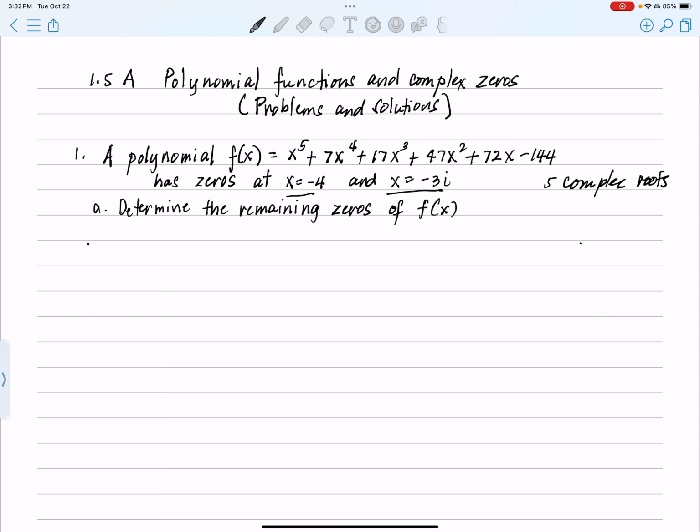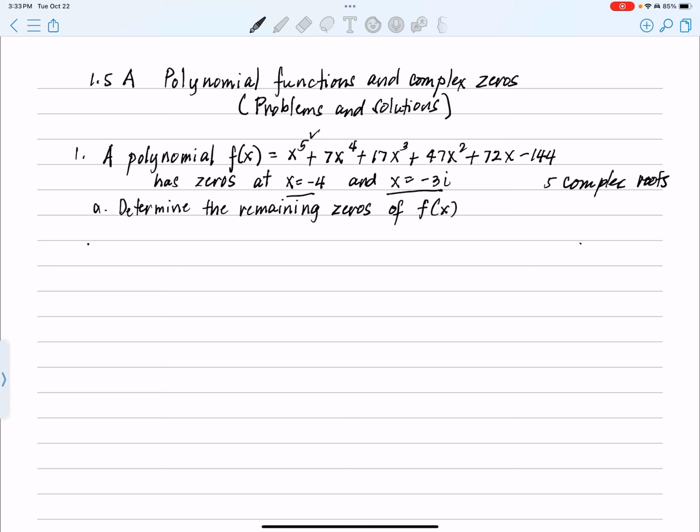Since the degree is the fifth power, that's why we say it has 5 complex roots. And we see one of the given is x equals negative 3i. So we were given 2 of the roots, which means 3 are still remaining. We're still going to look for those 3.